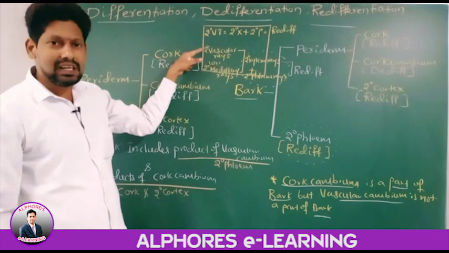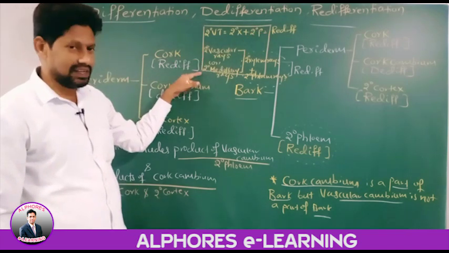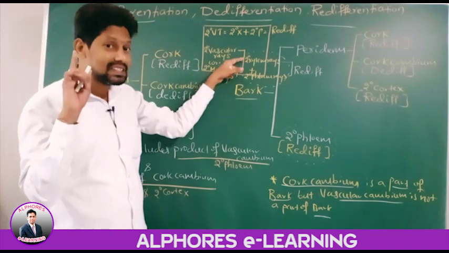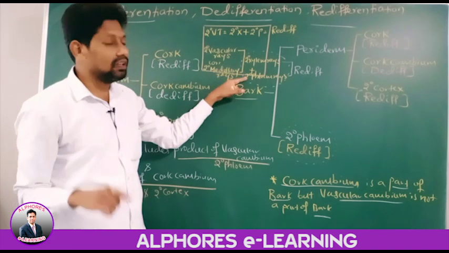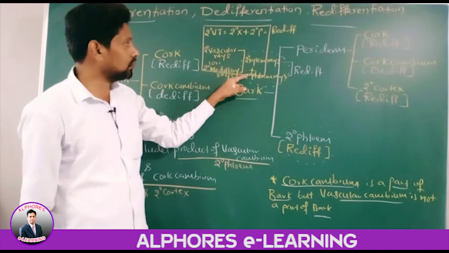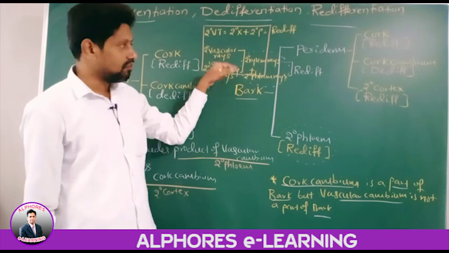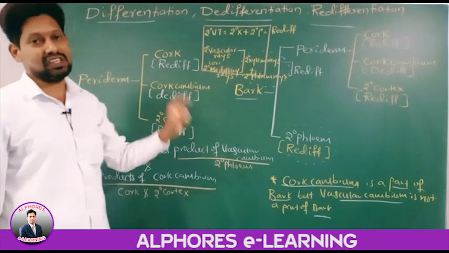Secondary vascular rays, also called secondary medullary rays, are secondary xylem rays and secondary phloem rays, formed by the redifferentiation process.